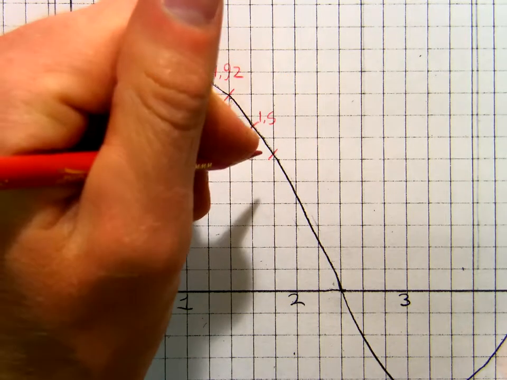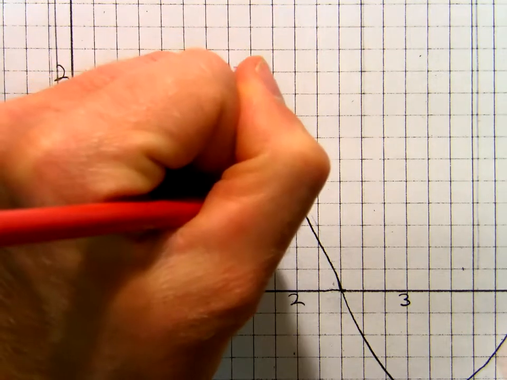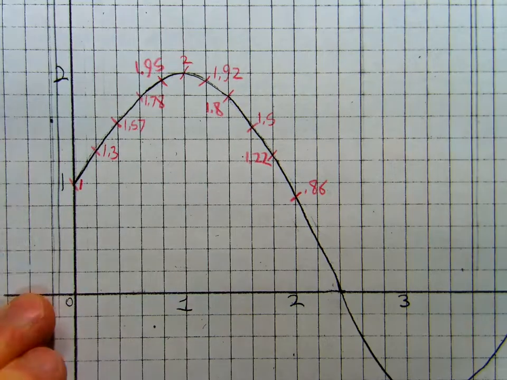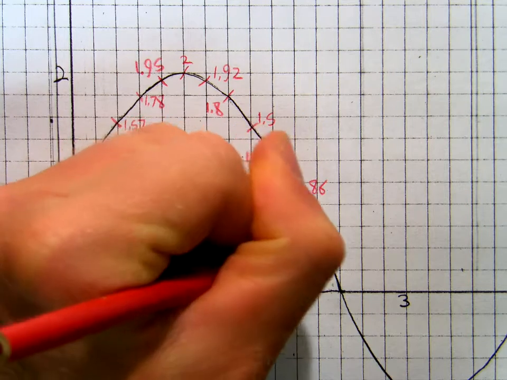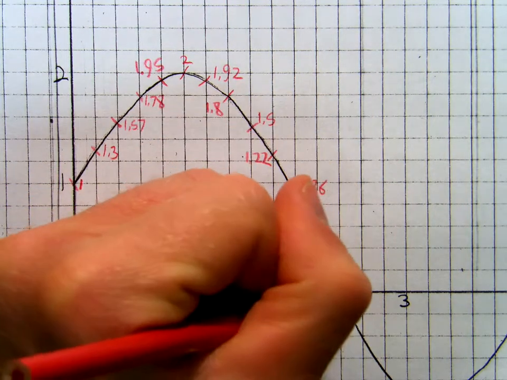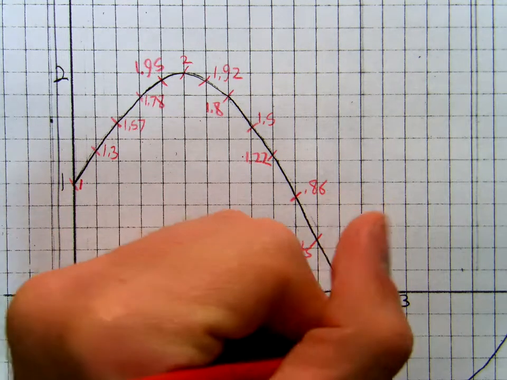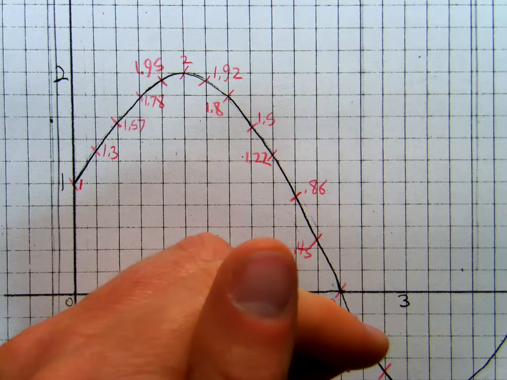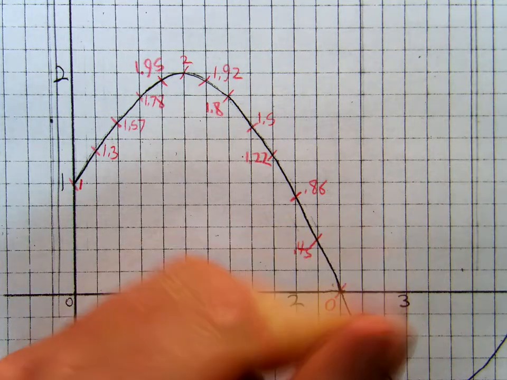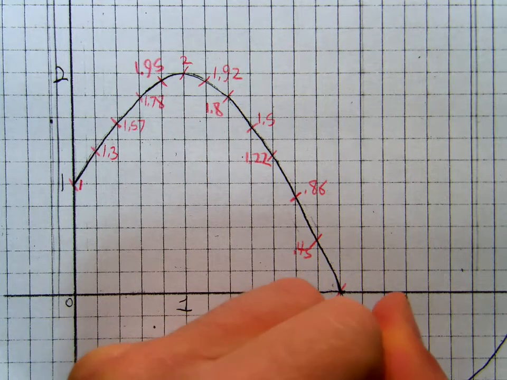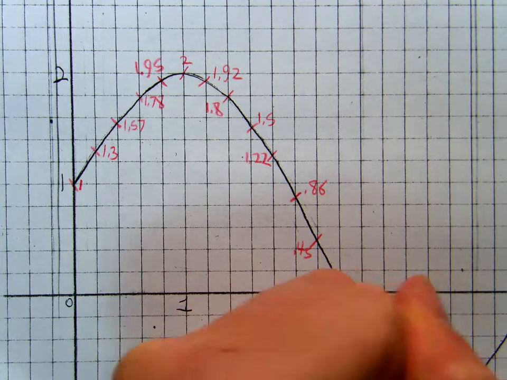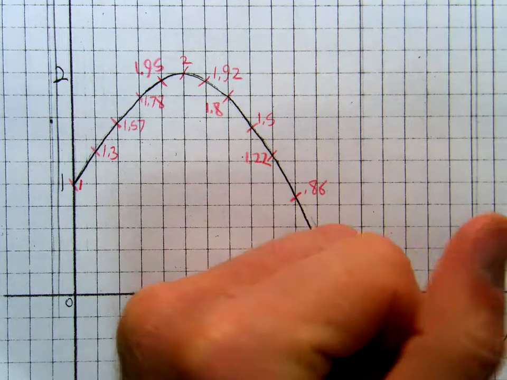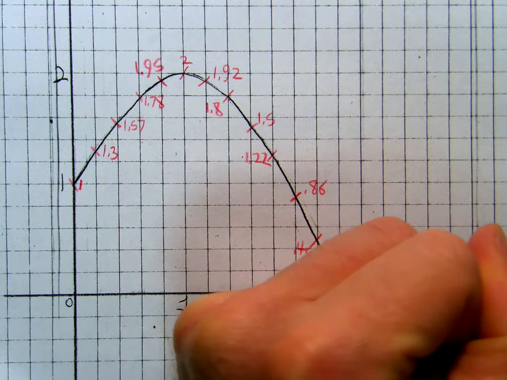Call this 0.5. 0.86. 0.5. 0. Then I'm going to go negative 0.4, 0.72, negative 0.92, negative 1, negative 0.9, negative 0.77.